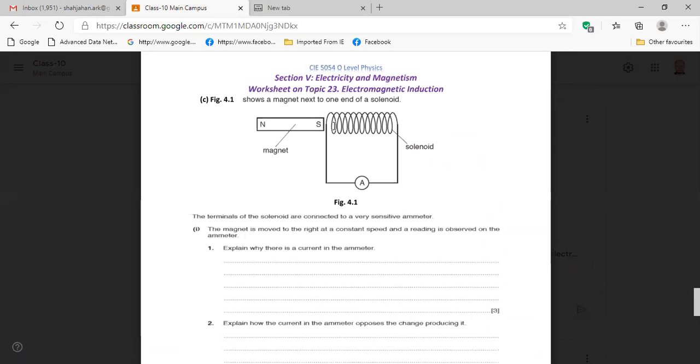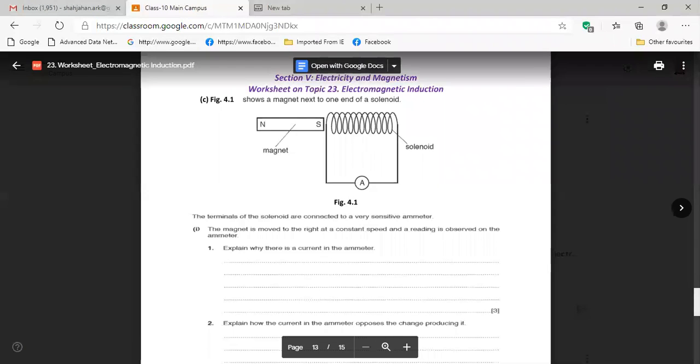Then you are returning it back, returning the magnet from the solenoid with less speed. Whatever the speed was before, now you are removing the magnet with less speed. Then what will happen? What two differences will you get in the ammeter?